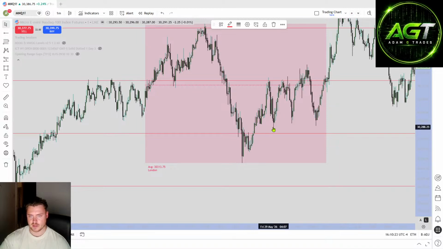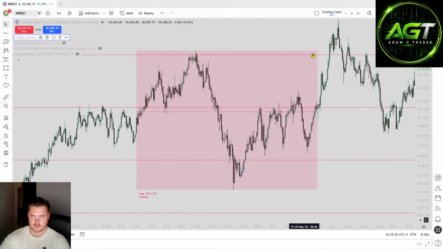Then it refers to it in the macro time to trade up. Okay. Again, if you entered here, you could just target this high and get out here. If you want to target higher, you can.